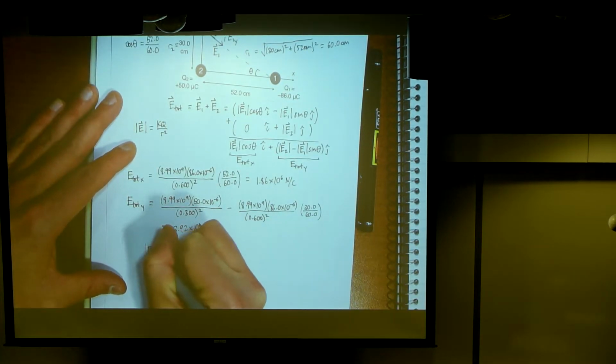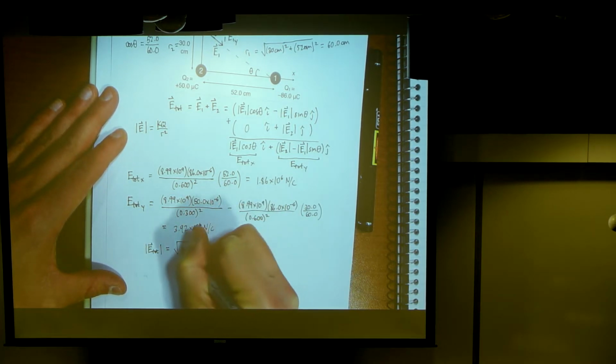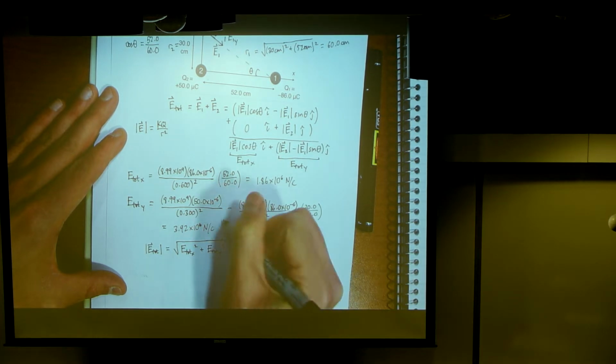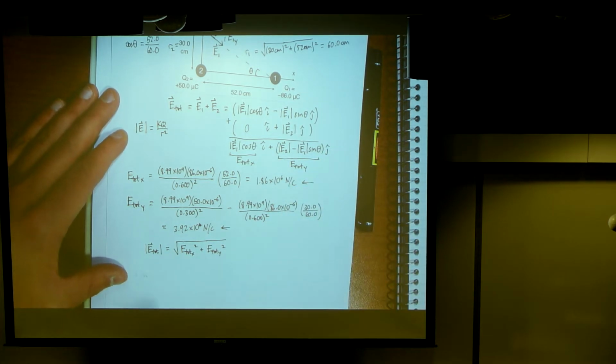So for the magnitude of E total, just like with any other vector, if you want to take the magnitude, take the square root of the x component squared plus the y component squared. So in other words, I'm going to take this y component and this x component and plug them into this formula, okay?